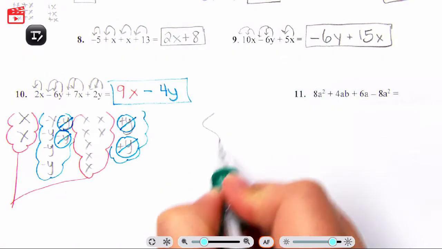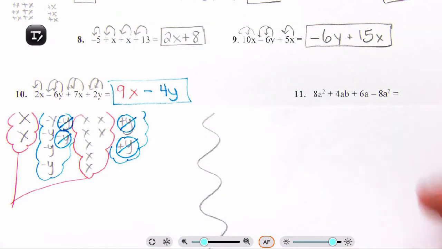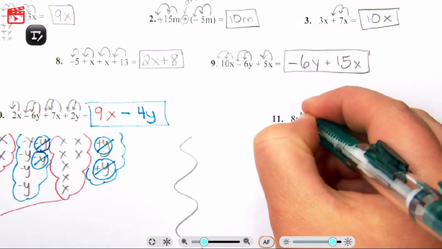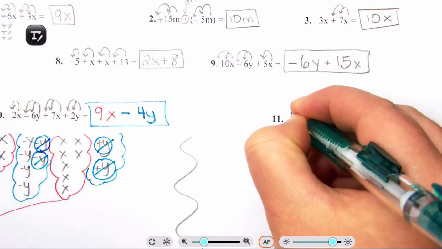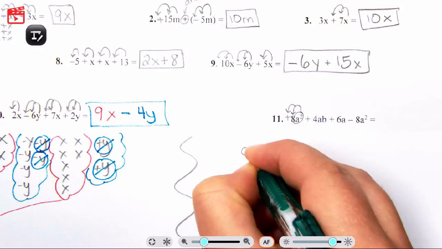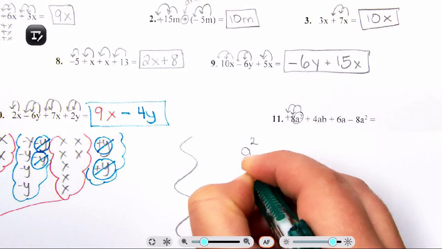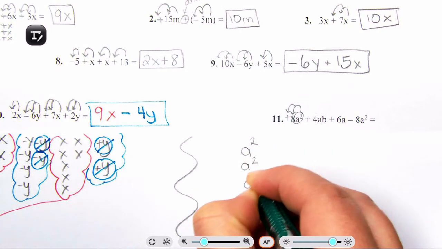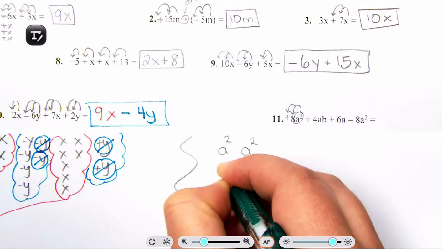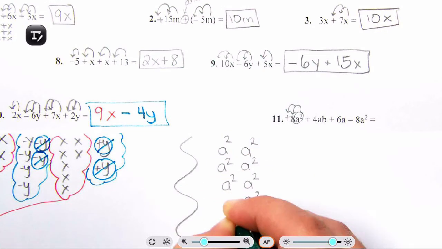All right, let's do 11. Oh, this one's different. I like this one. Okay, this says I have a squared 8 times that are positive. So I'm going to write a squared 8 times, and that's a with a little 2 on top. And the symbol in front of it is a plus.